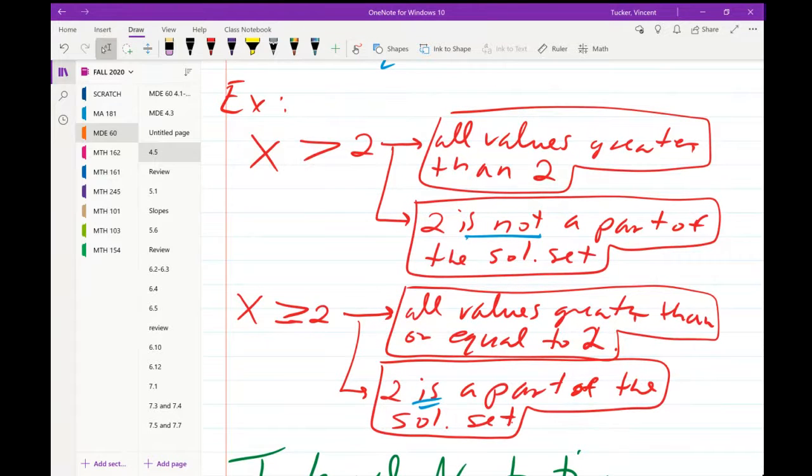So you're talking about greater than versus greater than or equal to. When you have that bar under it, that includes your value. So in other words, if I have x is greater than 2, I'm saying that my solutions will be all of the values greater than 2. That means 2 is not a part of the solution set. But once I put a bar under the greater than symbol, that's greater than or equal to, so that's telling me I want 2 to be a part of my solution set. That says all values greater than or equal to 2. That means 2 is a part of the solution set.